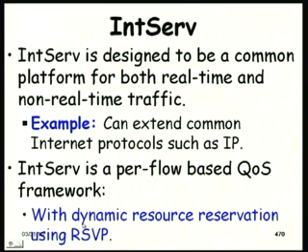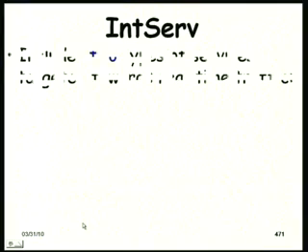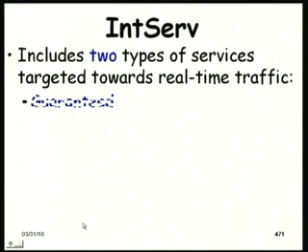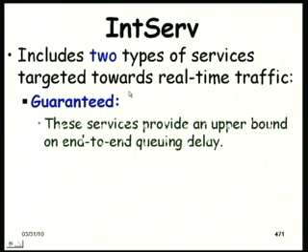We know what RSVP is. For the non-real time traffic, they operate as the internet is operating right now, but for the real time traffic there are 2 service disciplines. One is called the guaranteed service discipline.